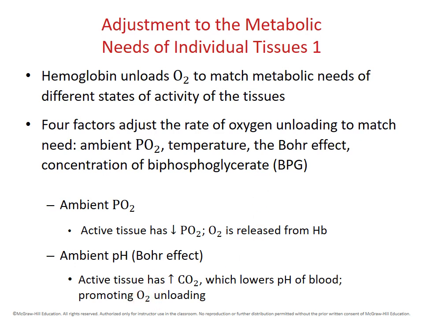We're going to take a look at how these affect the dissociation curve in just a minute or so, but I want to talk about the effect of all four factors and then see how it affects the curve and talk about why it makes sense that these factors affect hemoglobin in this way.